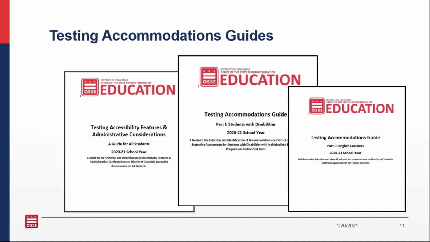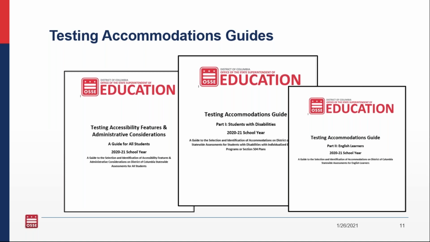As a supplement to that, OSSE releases each year the Testing Accommodations Guides. These will be your go-to resource for identifying accommodations and accessibility features within the District of Columbia. So there are three guides that our LEAs should reference.